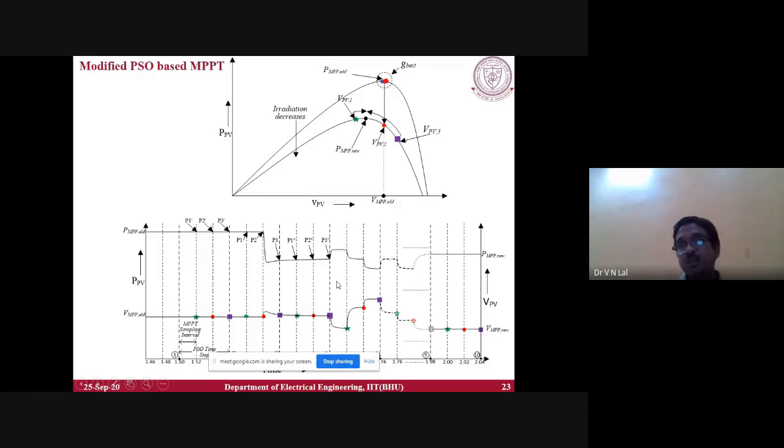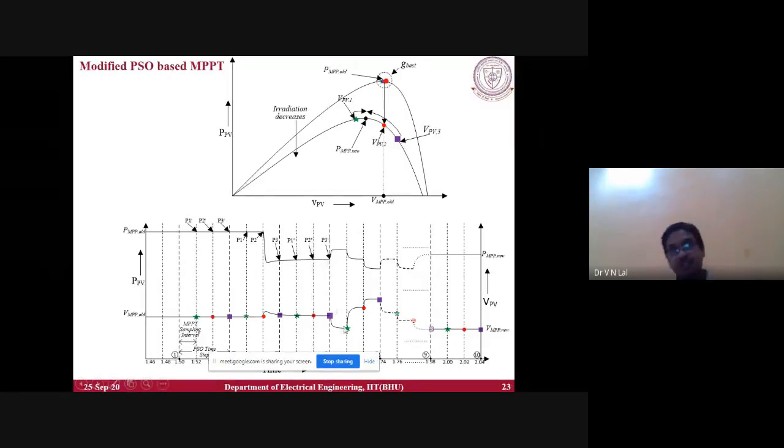Again, I am telling that 1 PSO time step is the sum of the calculation time given to each particle. Here 3 particles are there. So the time given for the calculation of one particle multiplied by 3 is 1 PSO time step. So the delay given is 1 PSO time step.